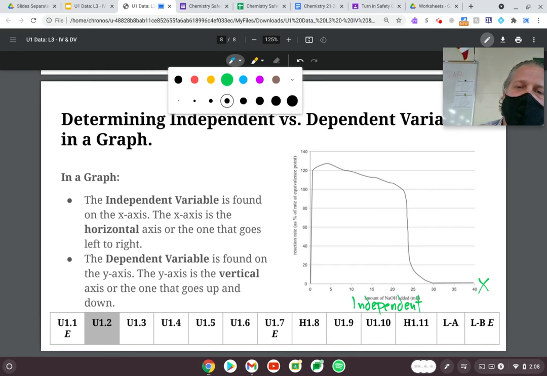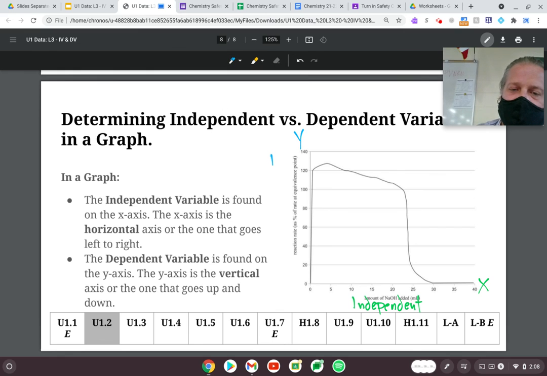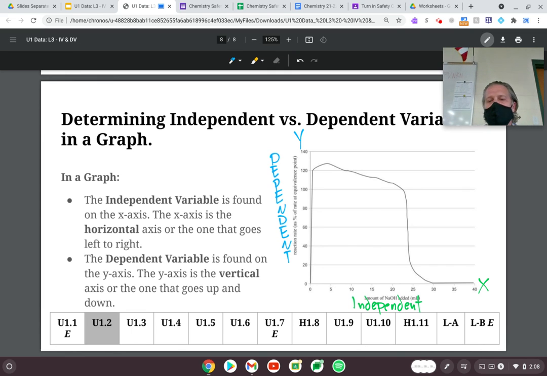And the dependent variable is always on the y-axis. And that's that. So any graph you look at will have the independent on the x and the dependent on the y. It's just kind of the way that things are. Questions? All right, then.